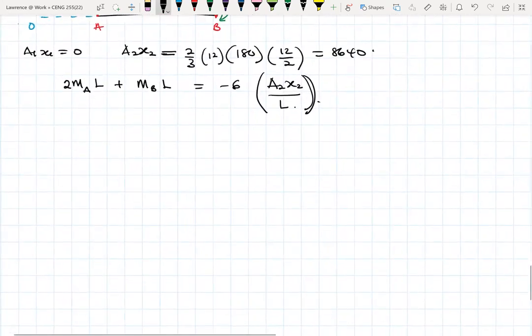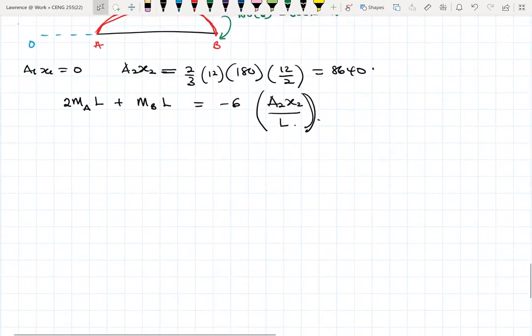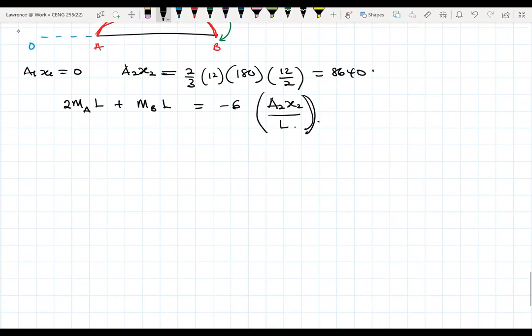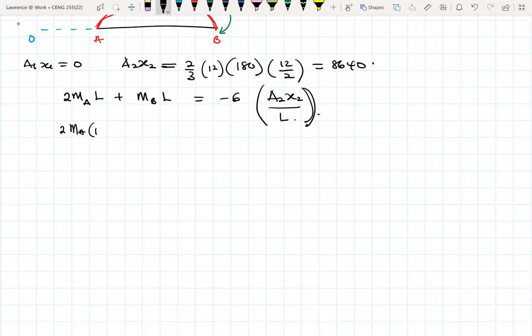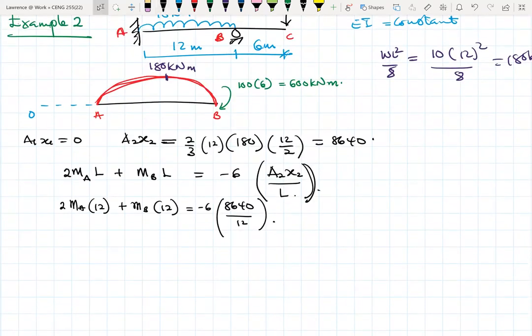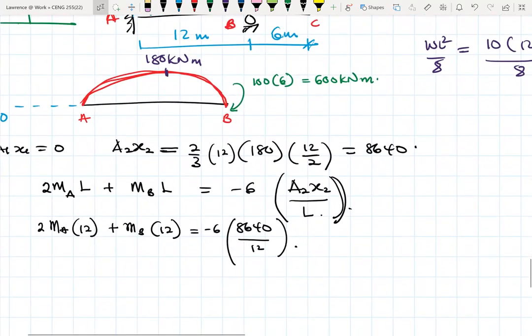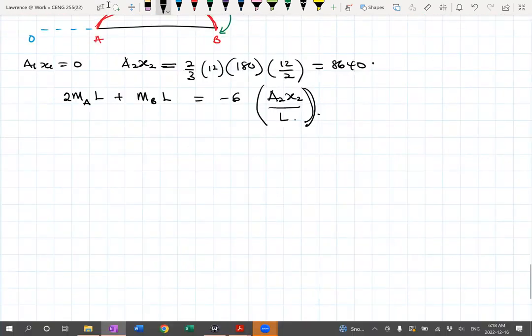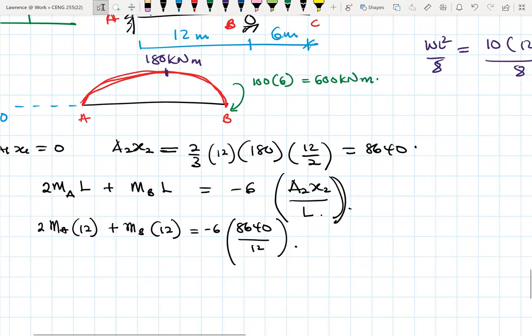Here our MA, we don't know, so it becomes 2MA, our L is 12, plus MB, our L is again 12, equal to minus 6 into bracket 8640 over 12. But because of the overhang, which gave us the 600 kilonewton meter at B, we already know what the moment at B is.